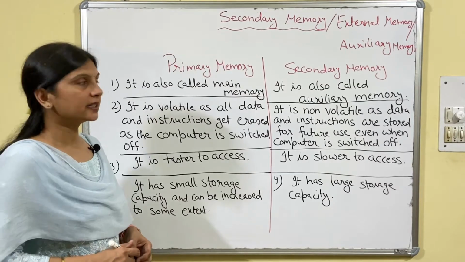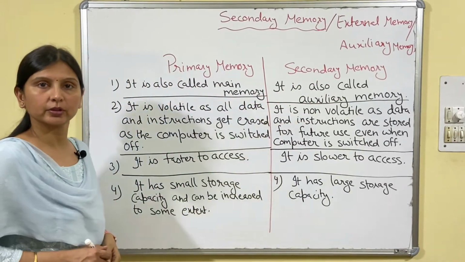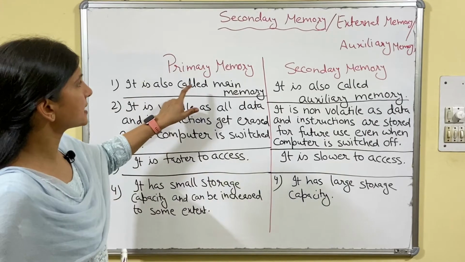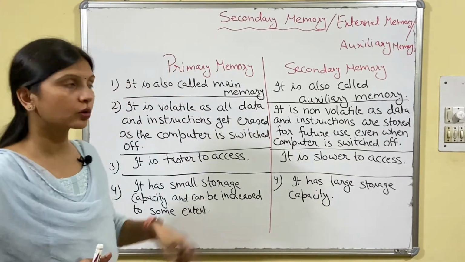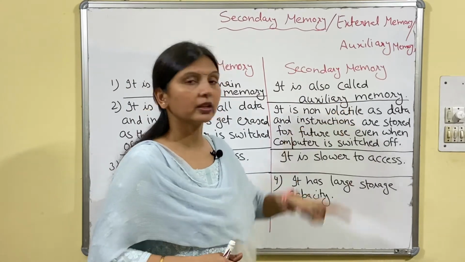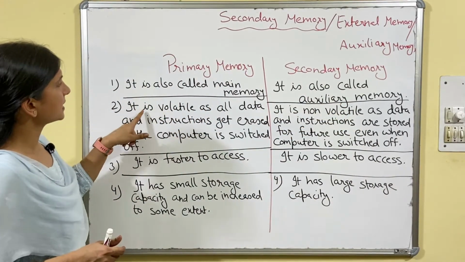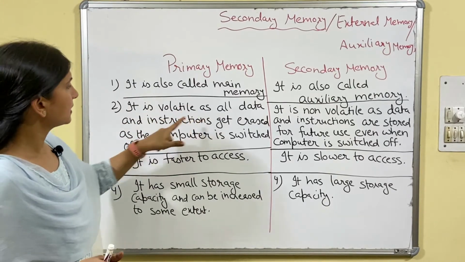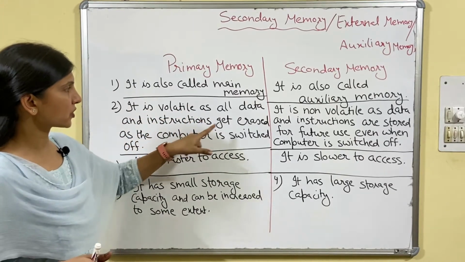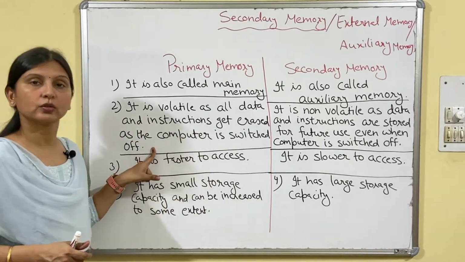Now we will see the difference between primary memory and secondary memory. So the first difference is primary memory is also called main memory and the secondary memory is also called auxiliary memory. Second, primary memory is volatile as all data and instructions get erased as the computer is switched off.